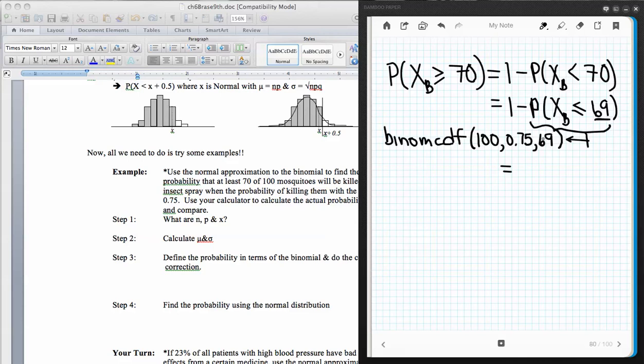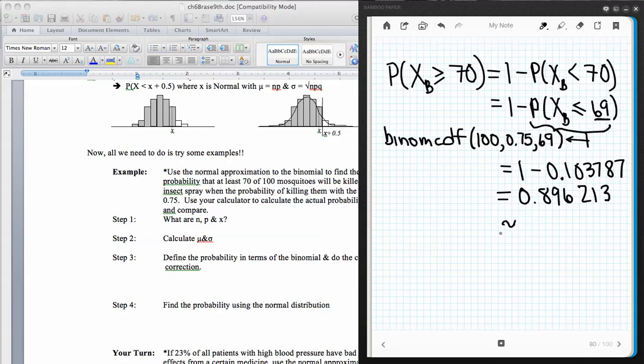That gives me a probability of 0.1037. So 1 minus 0.103787, when I subtract those, I get 0.896213.